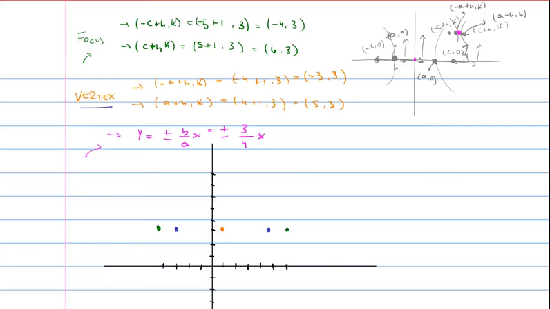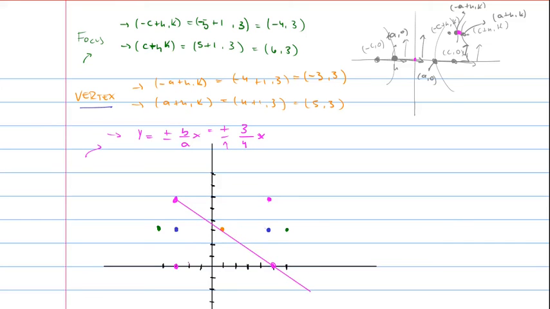So now we have to move 4 units in our horizontal direction and 3 units upwards. So from this point we move 1, 2, 3, 4, and then 3 units upwards. So doing the same downwards, because we have the plus or minus, we get these 4 points. And now with these 4 points, we can plot our asymptotes.